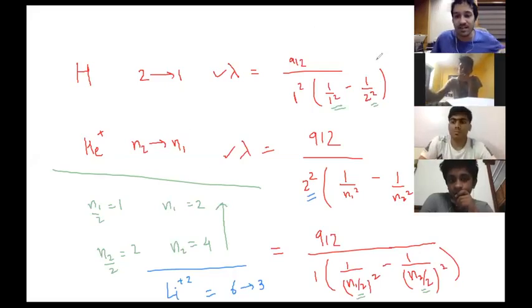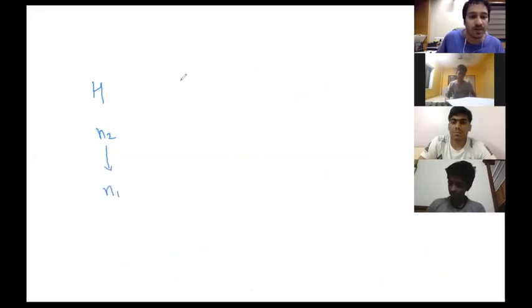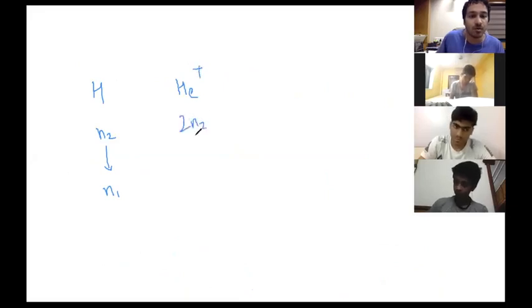Okay, so I will generalize this result now. In general, if hydrogen atom has a transition from N2 to N1, then the same photon will be released in helium plus when the transition is from 2N2 to 2N1.